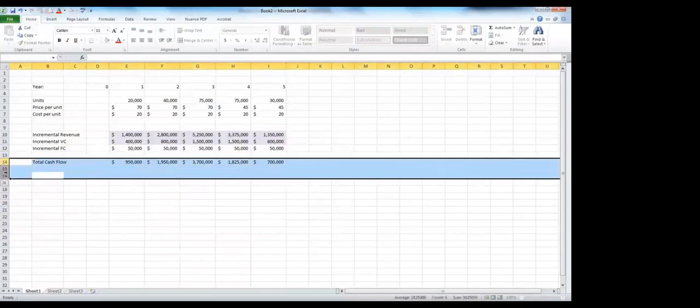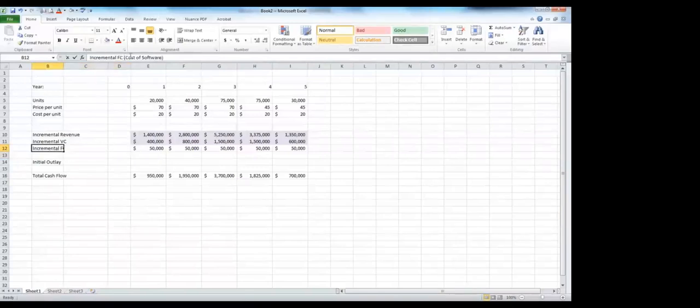Now, I told you there's initial outlay, right, that we need to consider. So I'm actually going to insert a few rows, initial outlay, and this is the cost of software, and I said it was going to cost me.